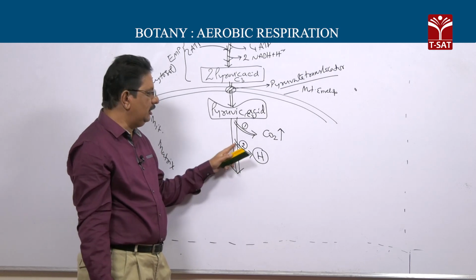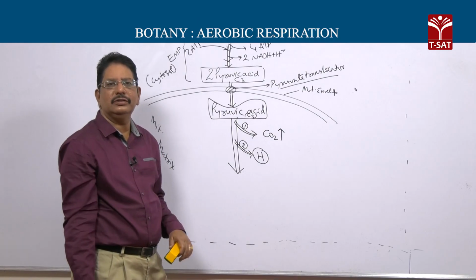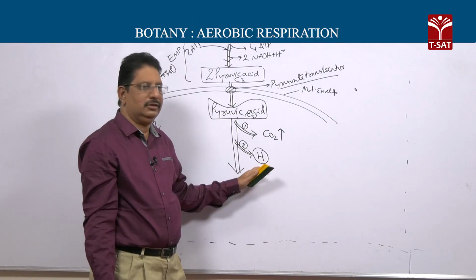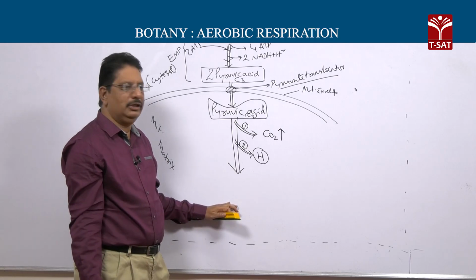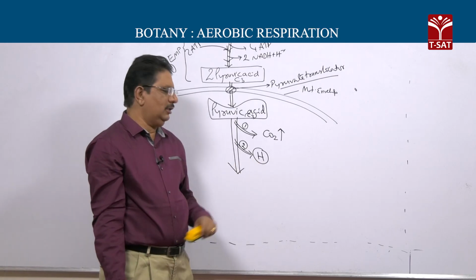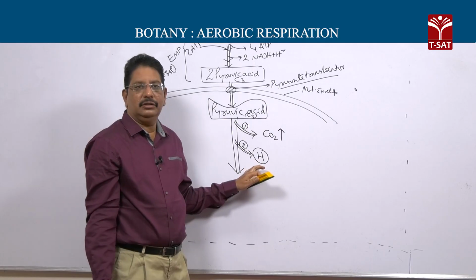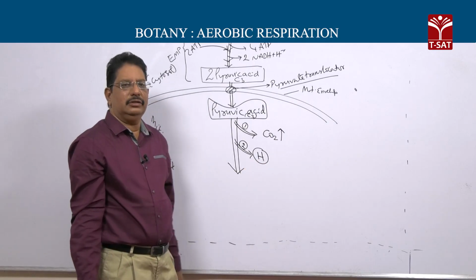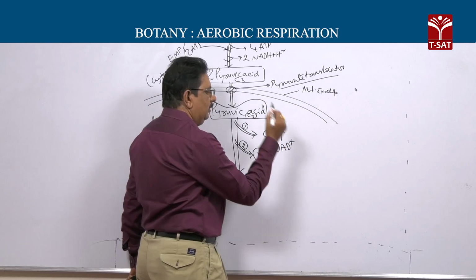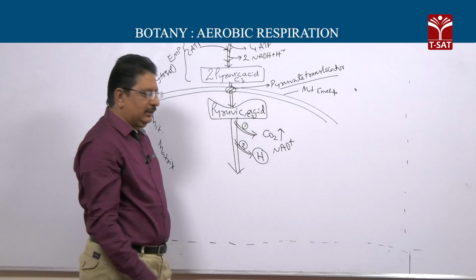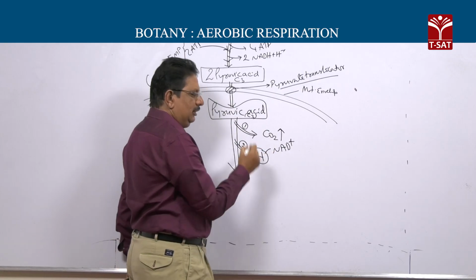Naturally, dehydrogenation, otherwise what is it? Oxidation. So for the second time in aerobic respiration, there occurred dehydrogenation or oxidation, and the hydrogens are accepted by a hydrogen acceptor called NAD+.